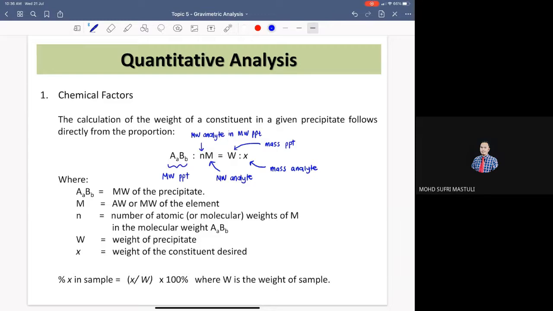If we want to determine the percentage of analyte in the sample using the chemical factor, it is the mass of analyte over mass of precipitate times 100%, where W is the weight of the sample or weight of the precipitate. Okay, sorry.